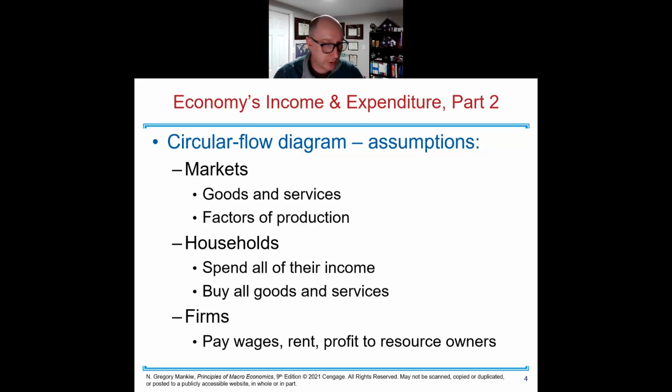At your house, you receive income from your employer, which is a company or a firm. You take the income you receive, and you spend it on goods and services. You're going to spend it on rent. You're going to spend it on groceries. You're going to spend it on clothing.